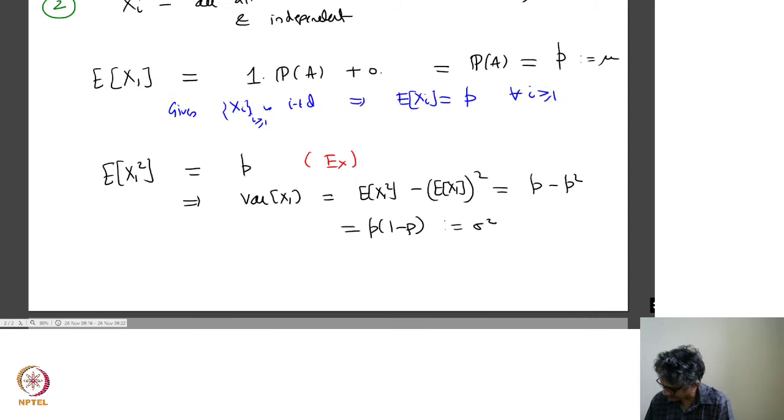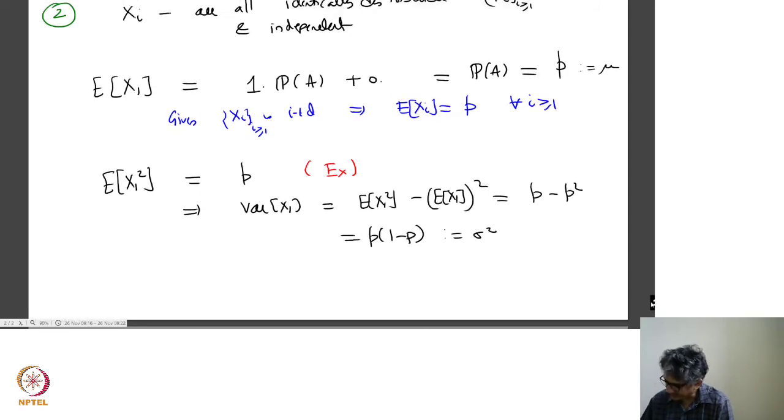Very nice. So that's the second observation. And again, like before, given that xi is IID, this will imply that the variance of xi is equal to p times 1 minus p, which is the same as sigma squared.